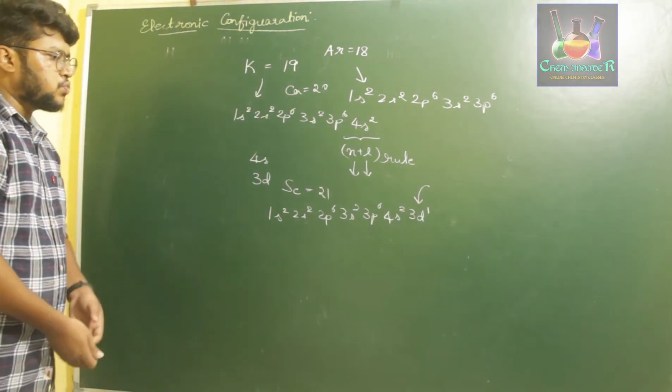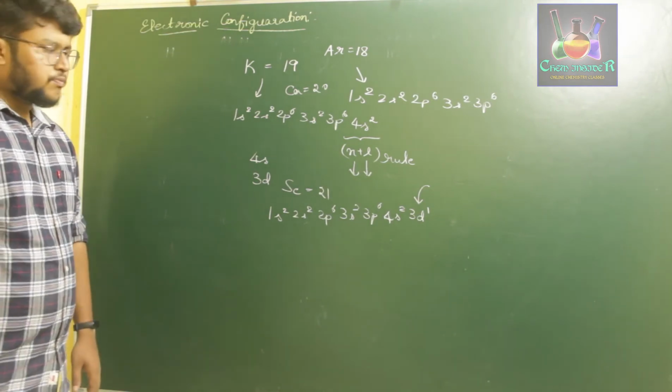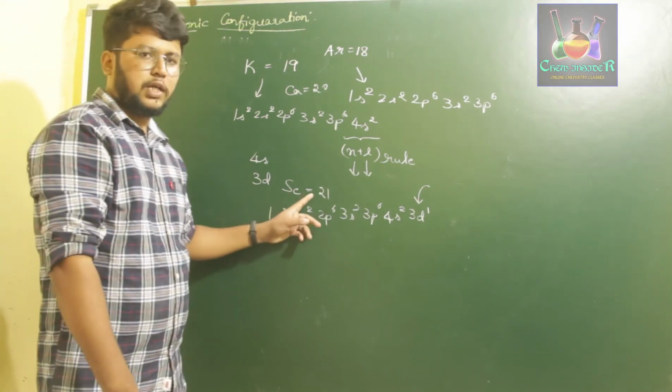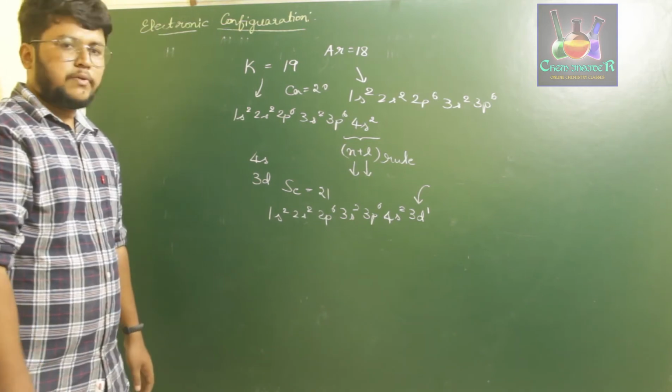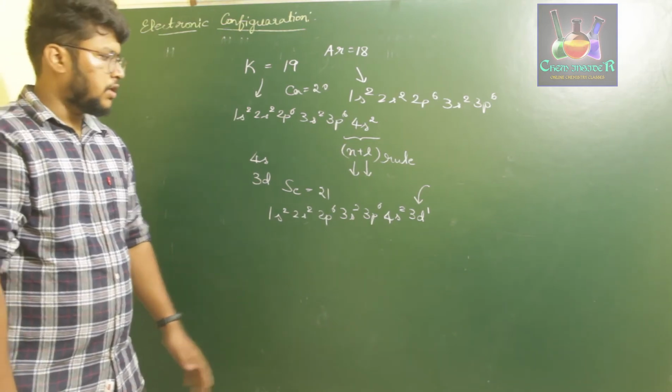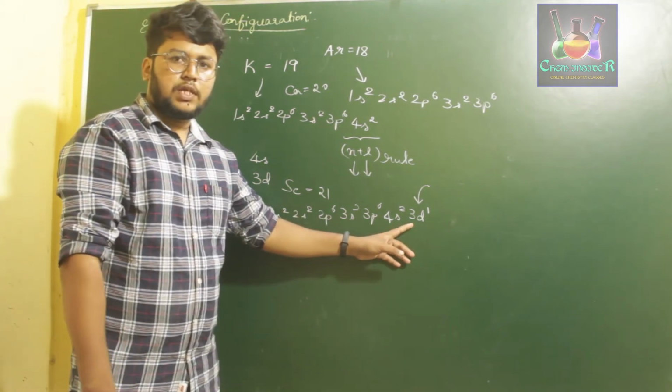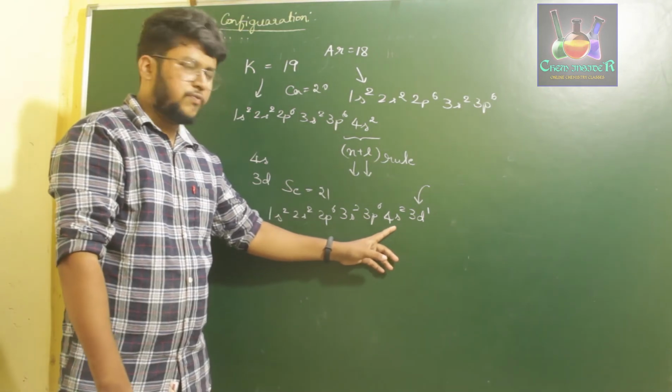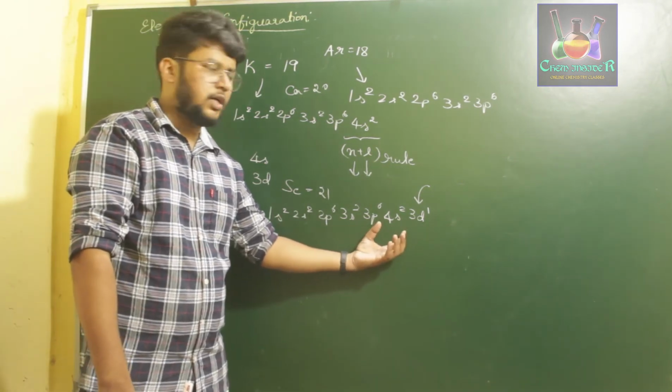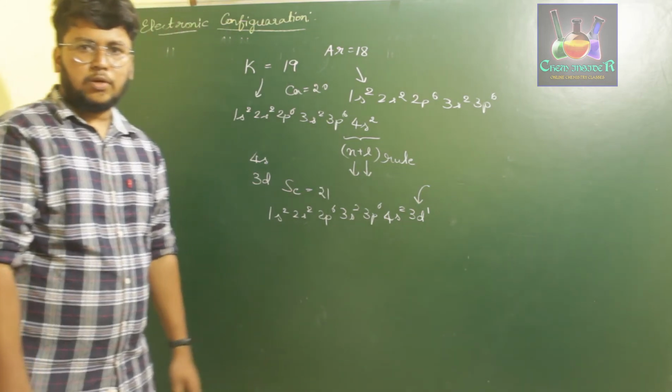So after atomic number 20, that is from 21, we observe electrons entering a new shell, the 3d shell, while the 4s orbital is filled first. So 4s electrons will be filled first, and then we come to the 3d orbital.